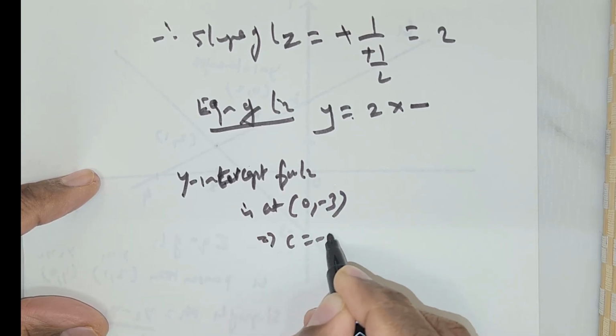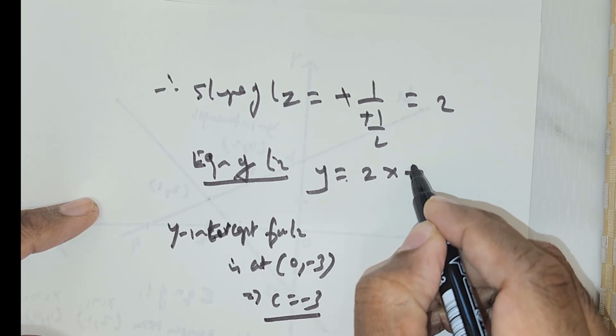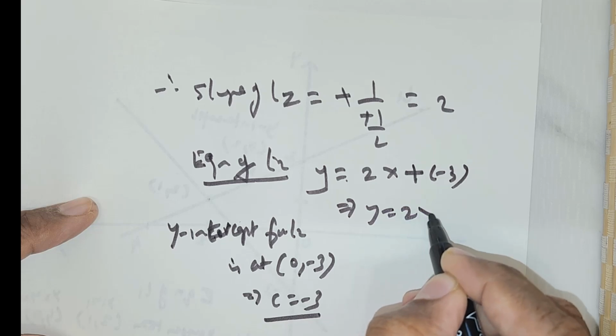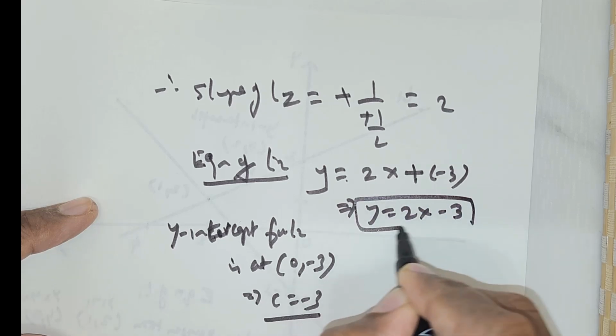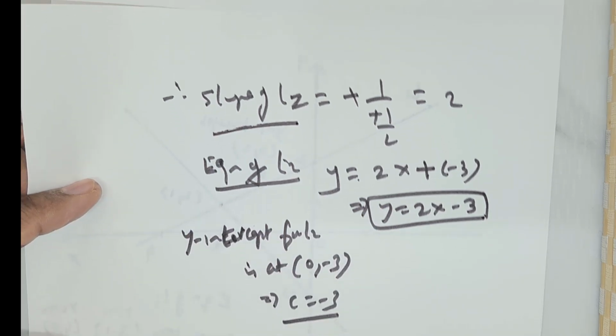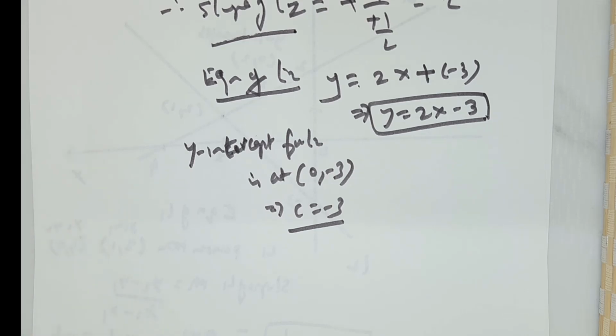So this means c is equal to negative 3, which means y is equal to 2x minus 3. This is the equation of L2. Now they are just asking us to find the slope of L2, but I have provided you with the additional information of finding the equation of the line L2. Okay.